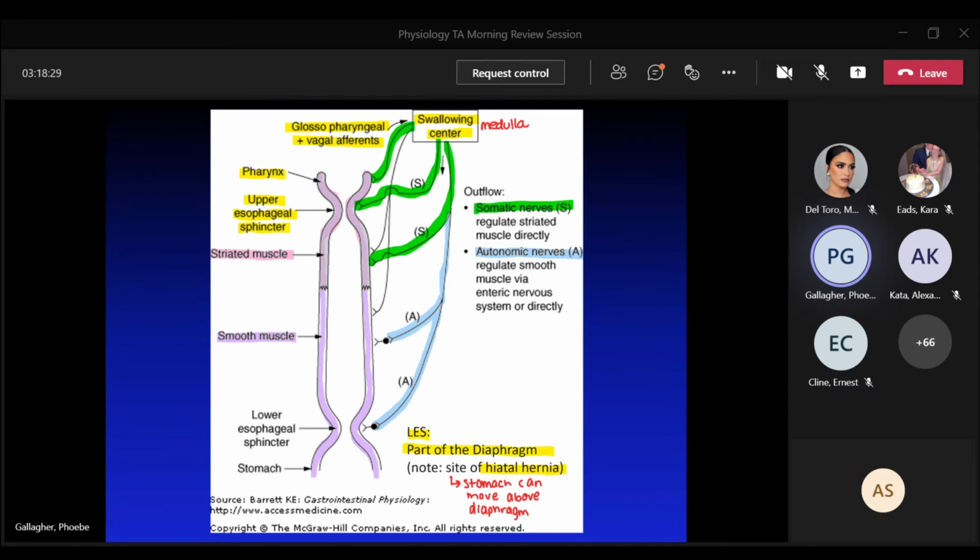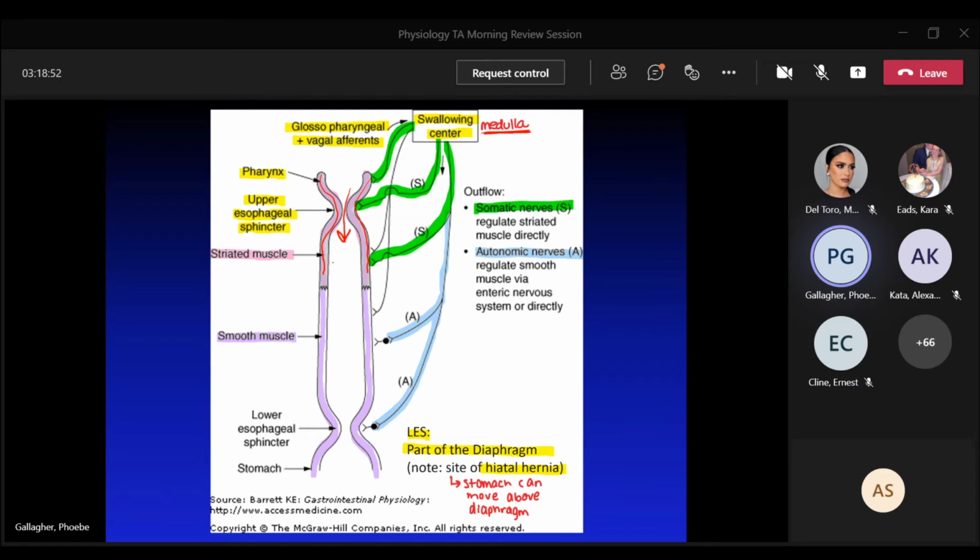Your glossopharyngeal afferents are going to send signals to your swallowing center, which is inside of your medulla, and tell it that it's time to swallow. Then your medulla is going to help coordinate the opening of your upper esophageal sphincter to allow food to enter. Note that all of this is striated muscle, so you do have voluntary control.